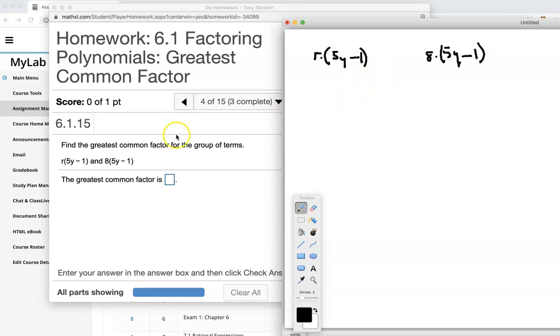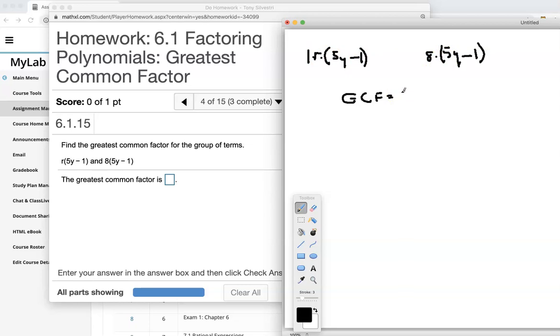So in terms of this problem, the greatest common factor is equal to... Now, how did I do the other problems? I go in left to right order. Of the numbers that you see, I always use the numbers first. What's the number that's implied in front of the R? If you don't see a number, it's the number 1. Okay? And the greatest common factor of 1 and 8 is the number 1.